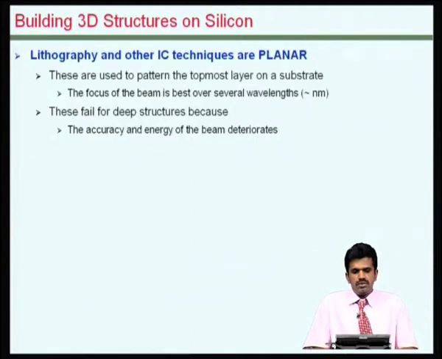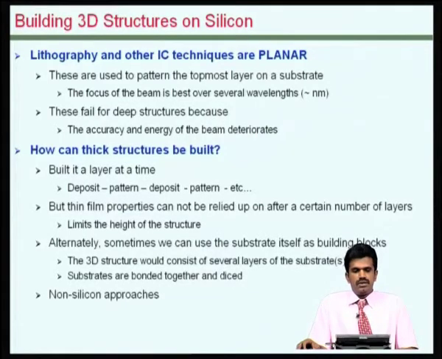So, it does not go deep into the structure and only patterns the resist layer in most cases. And in many cases it fails when you really have deep structures. So, how do we build thick structures, and how do we realize moving structures based on lithography?